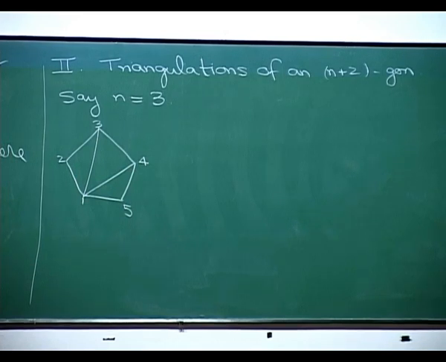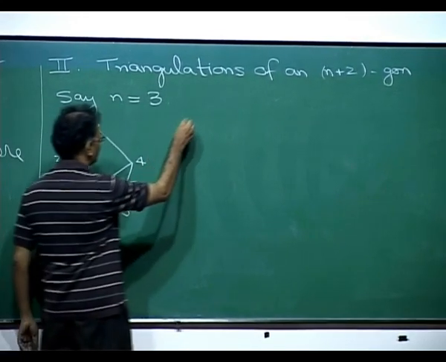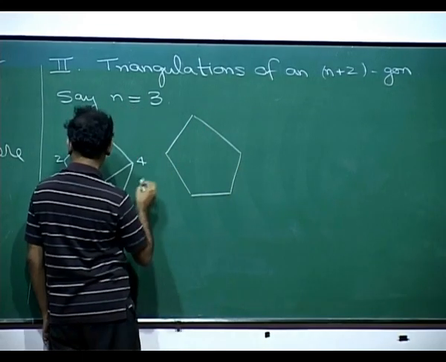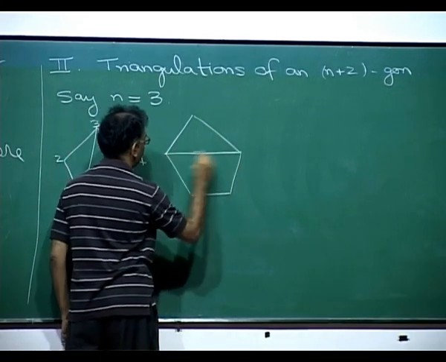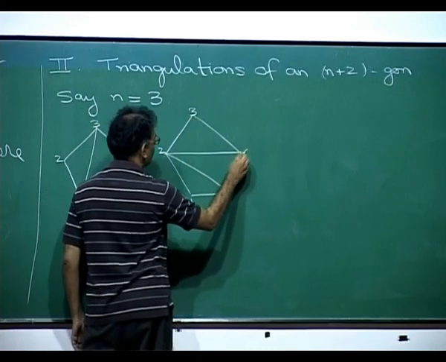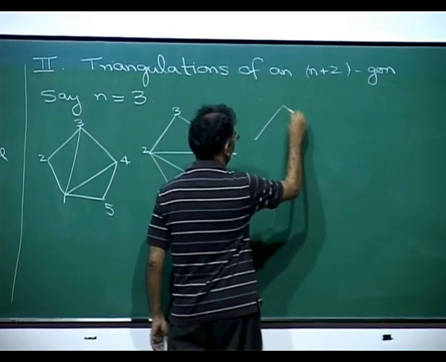But there are other ways of doing it. Obviously, if I have this way of doing it, I can rotate this picture and get another way, which is this one. But again, the numbering remains the same, it's only the inside that is rotated. So I have at least 5 ways of doing it.